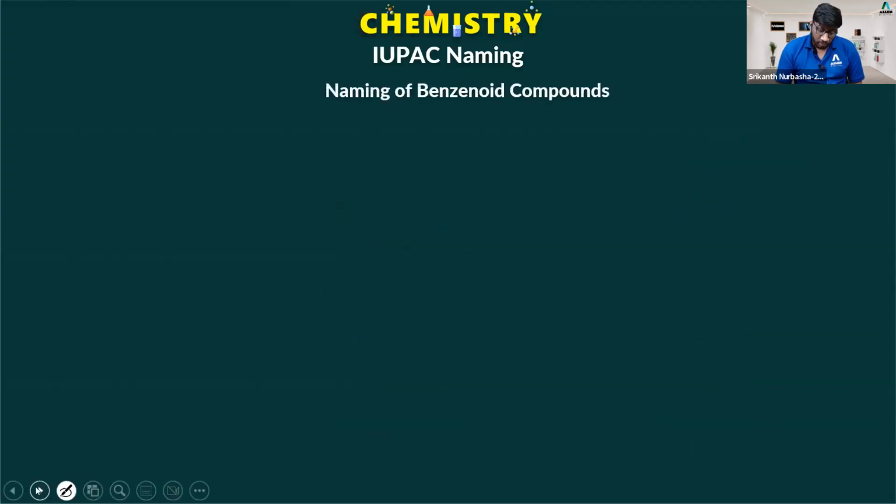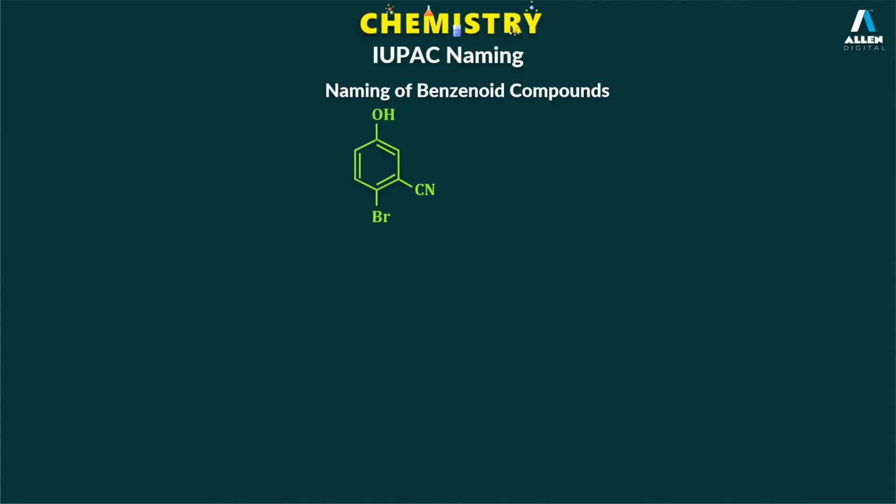Try to name a few more compounds where numbering is going to play a major role. Again, you have to follow the lowest locant rule. What is the name of this compound? Which should be given the first number? Cyanide.